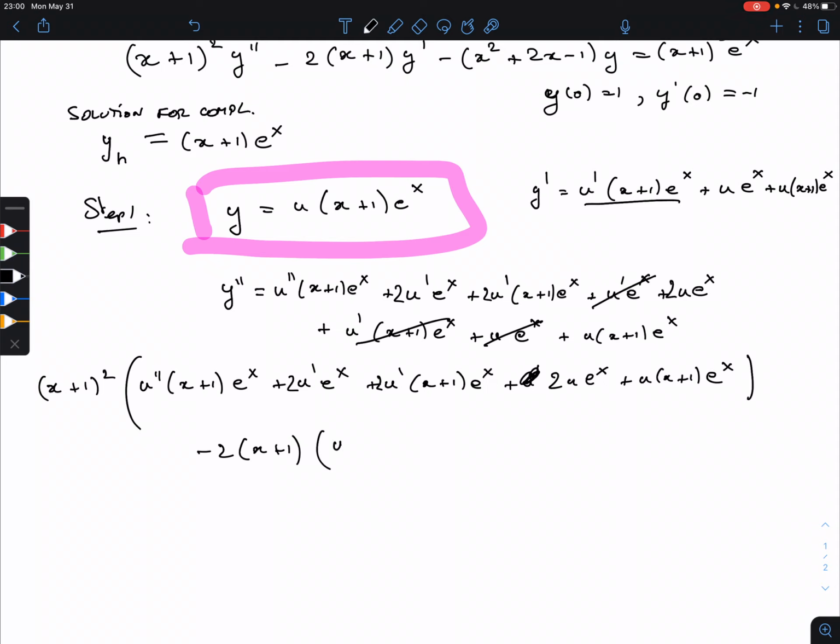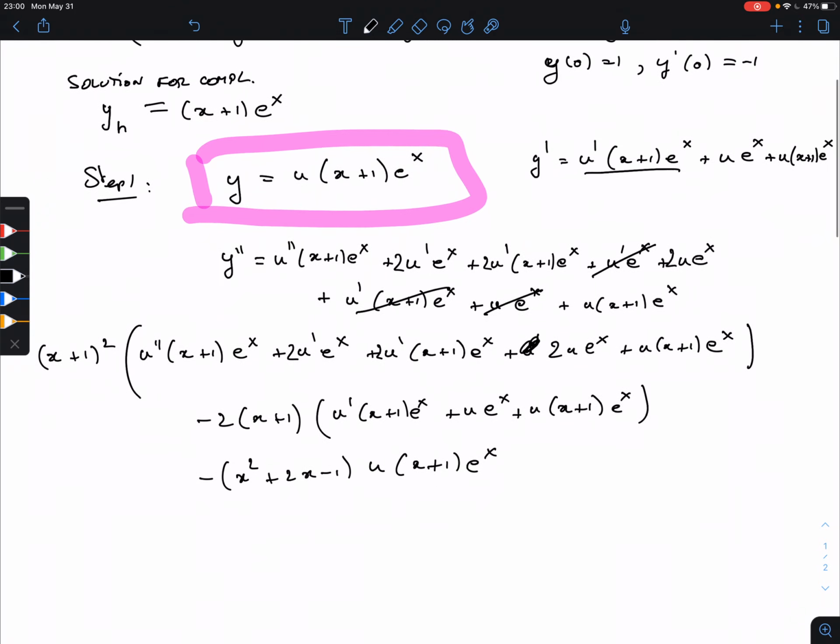That is u prime (x plus 1) e^x plus u e^x plus u (x plus 1) e^x. I guess I could have combined some here. And then minus (x squared plus 2x minus 1) u, no parentheses needed, u (x plus 1) e^x.